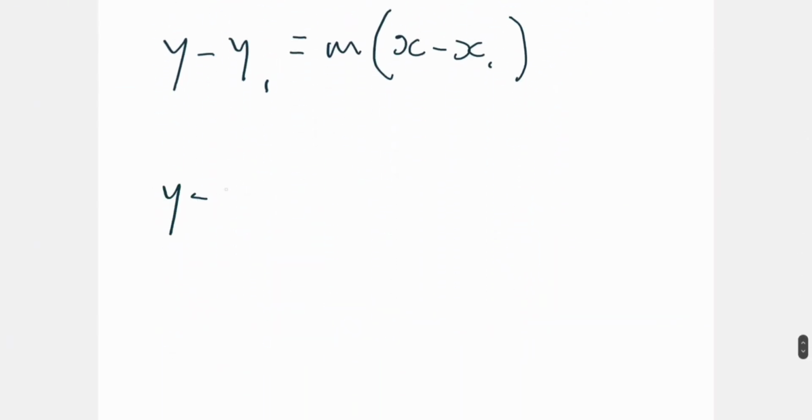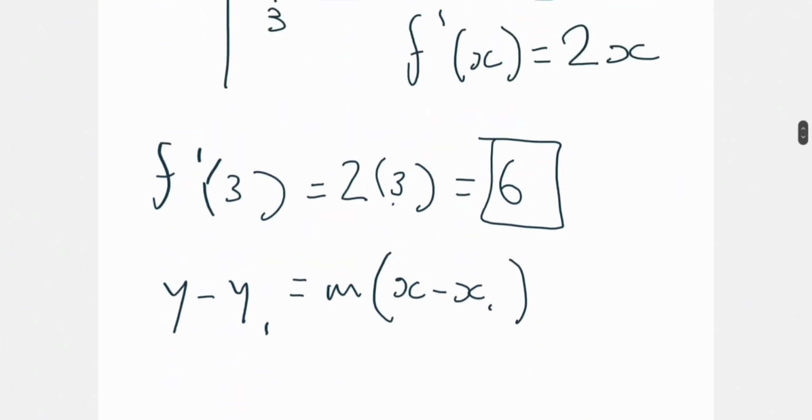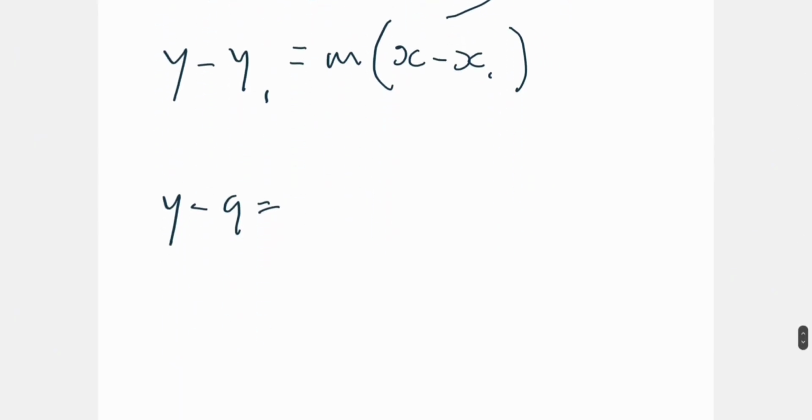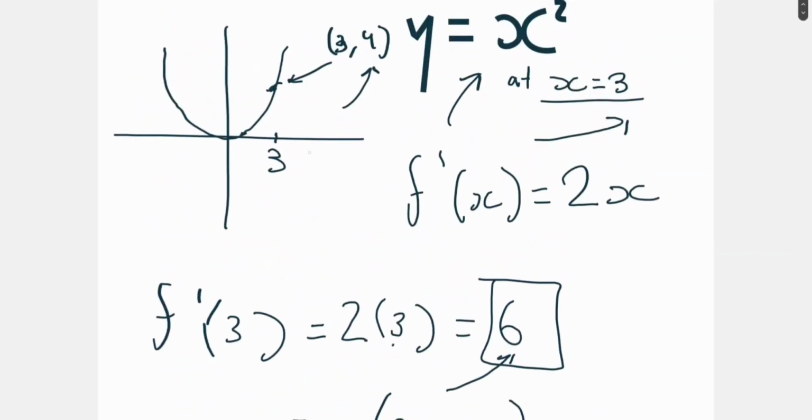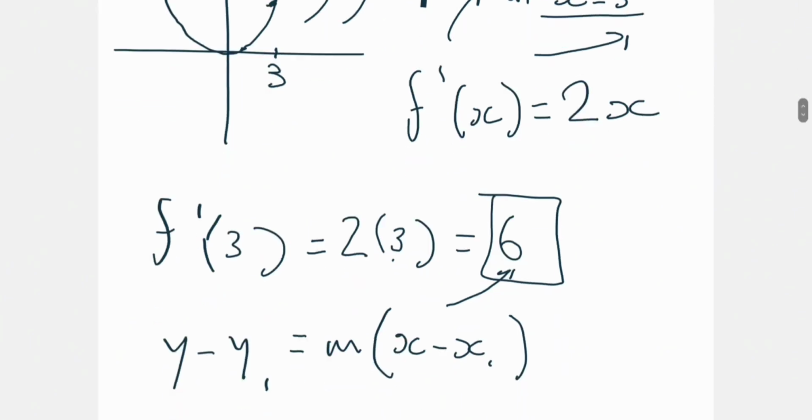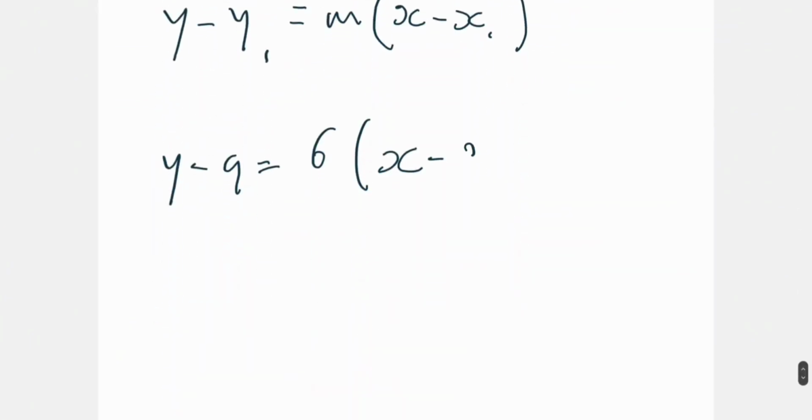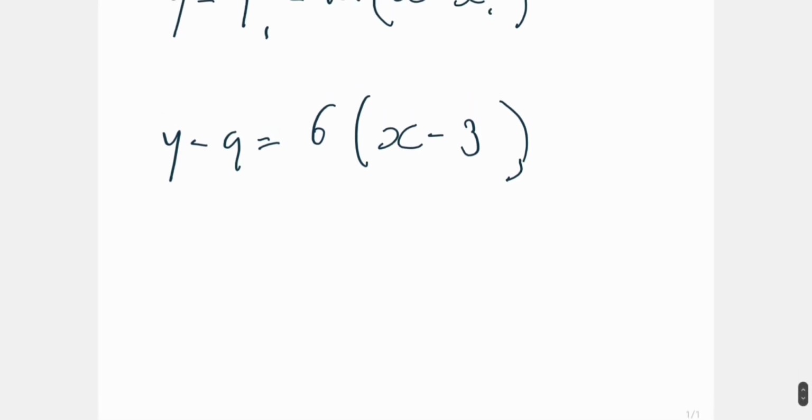So y minus 9 equals m, which is our slope here, 6, times x minus x1. If y1 is 9, that means that x1 must be 3. So x minus 3. So this is going to be our answer.